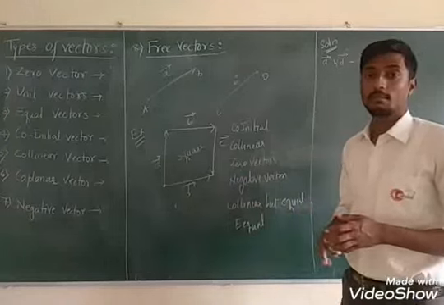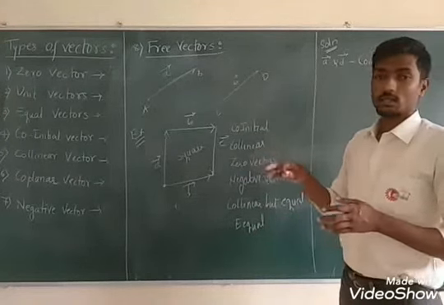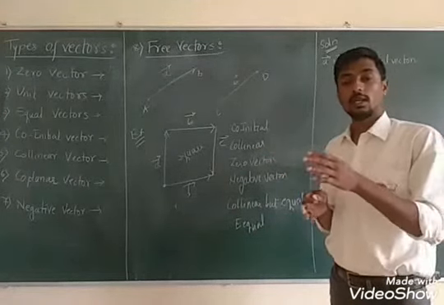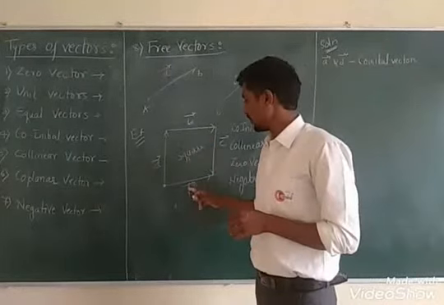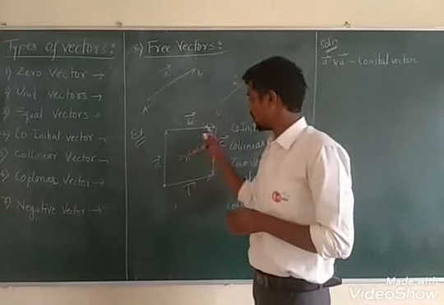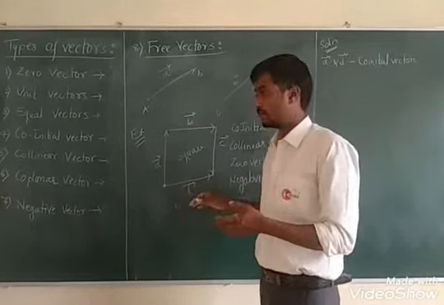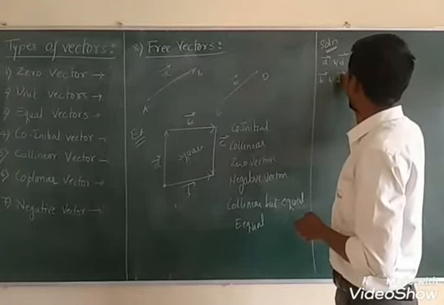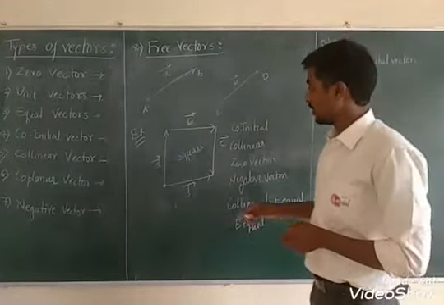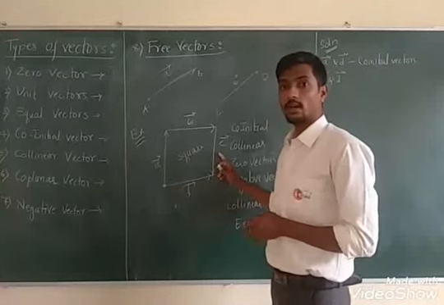And now here we have collinear vectors. What does collinear mean? The collinear vectors are the parallel vectors along the same line. So vector B and vector D are parallel vectors, and also vector A and vector C are parallel.